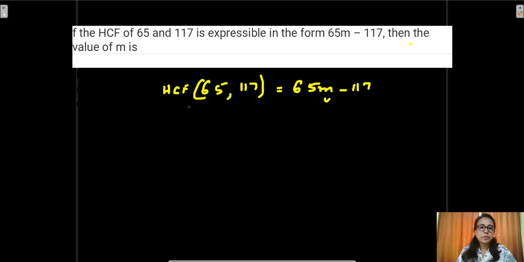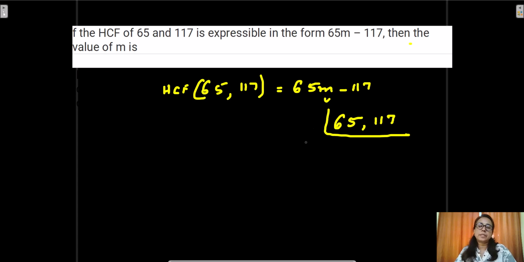Okay, so first you want to find out what is the HCF. This HCF is equal to 65m minus 117. So what is the HCF of 65 and 117?